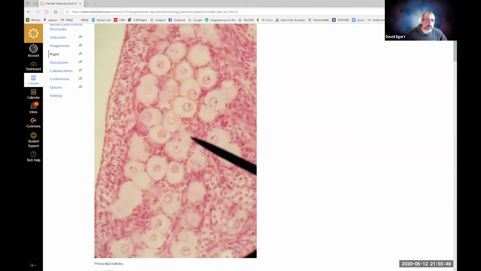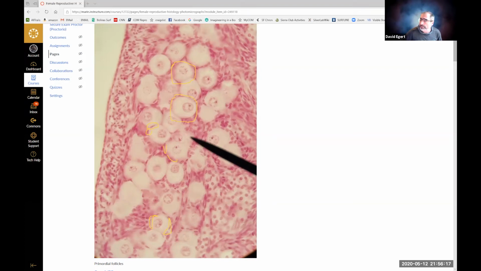Again, that already committed to its meiotic divisions in utero. And then you can see these really squamous cells. Each one is just surrounded by really flat cells. So these are primordial follicles. And again, you're born with, I think, somewhere like 100,000 of them.